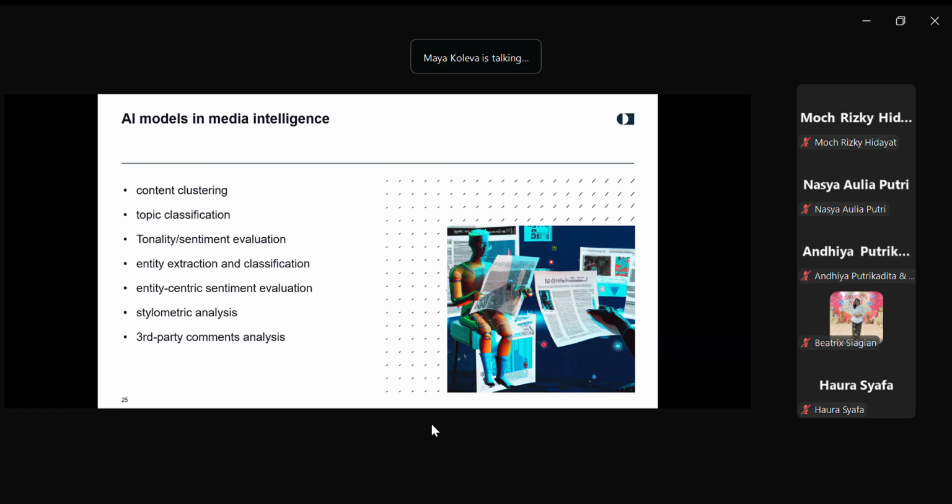And the types of problems that those models are already solving are things like content clustering, which is grouping similar content together, topic classifying, analysis of tonality or sentiment, named entity recognition or entity extraction and classification. This means in a certain piece of text, is there a brand or a company mention?